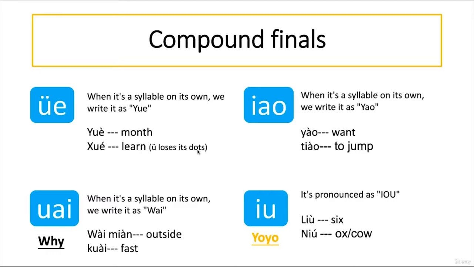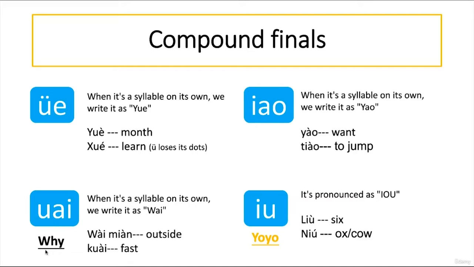The next one, yao. When it's a syllable on its own, we write it as yao. For example, yao means want, 跳 means to jump. Y. This sound is similar to the word why.